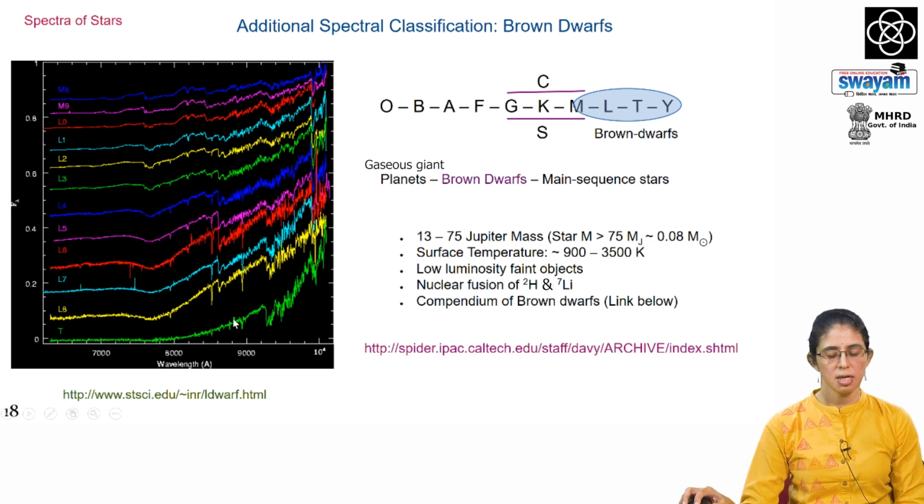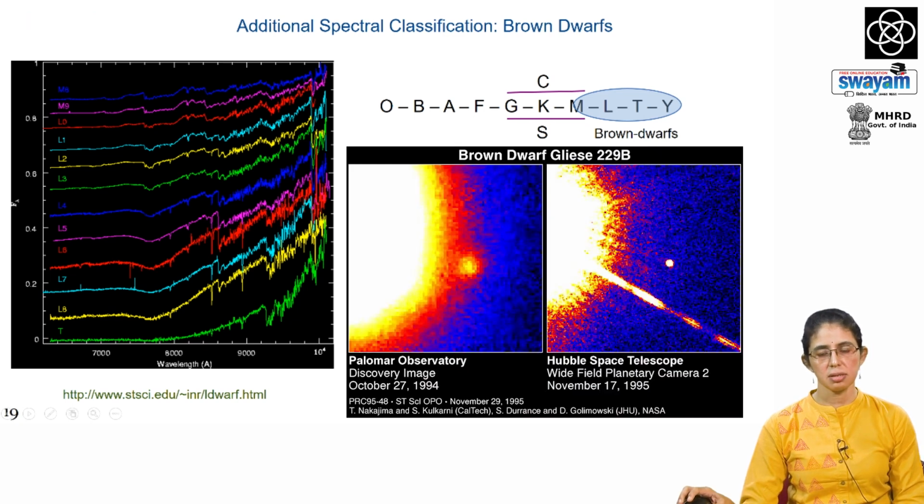One can see that most of the emission of these brown dwarfs is in the infrared regime. A compendium of brown dwarfs can be found in the link below, and currently there are nearly 3000 brown dwarfs that are known. This is a picture of one of the first brown dwarfs that was detected and imaged, that is Gliese 229b.